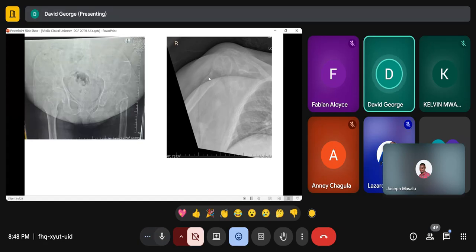And then also on this image, you can see a loss of continuity on the humerus, just below the head, at this point here. So there are some fractures also.